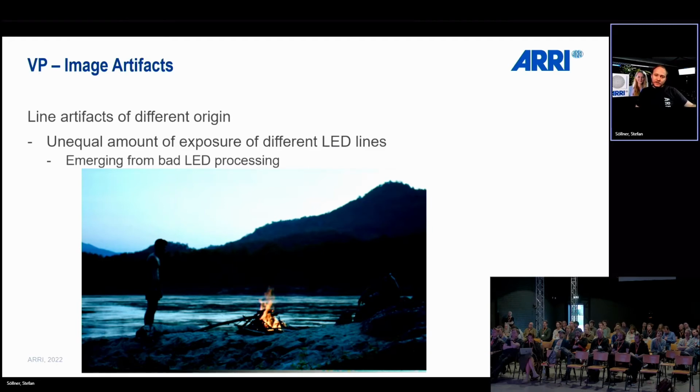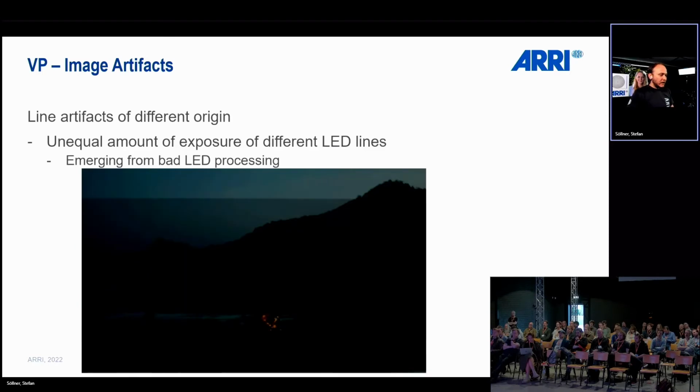That's almost invisible at higher brightnesses, but if you tune down the LED wall, this artifact becomes clearly visible, and you have 3 times or 4 times exposure in the upper level of the image, and on the lower part of the image you have only 2 or 3 times exposure. So watch out for that, because that can really ruin your image.